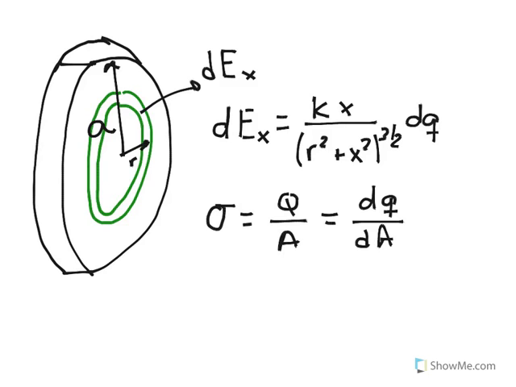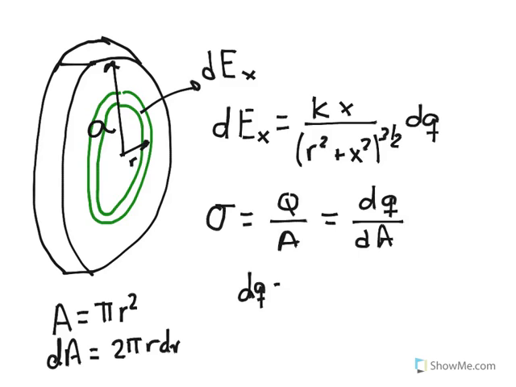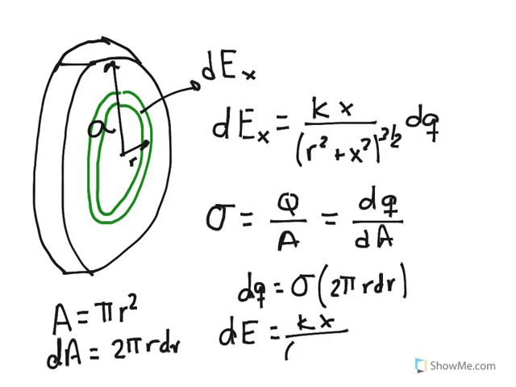In this case, the area is equal to pi r squared, while the differential of area is equal to 2 pi r dr. This is an implicit derivative, such that the differential of charge is equal to sigma times the differential of area, which is 2 pi r dr. The differential of electric field is then equal to k x over r squared plus x squared to the 3/2 times dq, which is sigma 2 pi r dr. The electric field is going to be the integral of this.